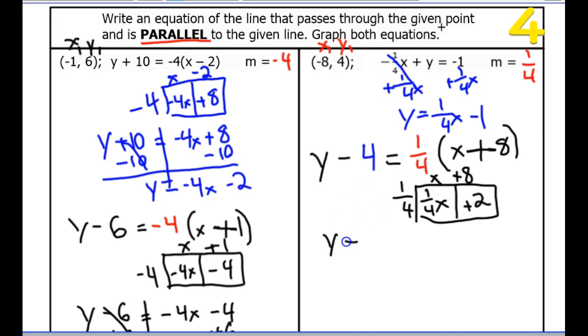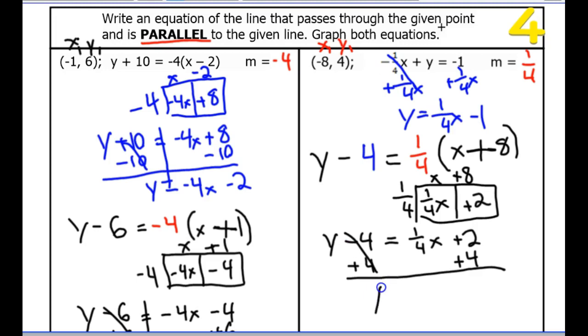So y minus 4 equals 1/4 x plus 2. Add the 4 to get y by itself. So what we end up with then is y equals 1/4 x plus 6.